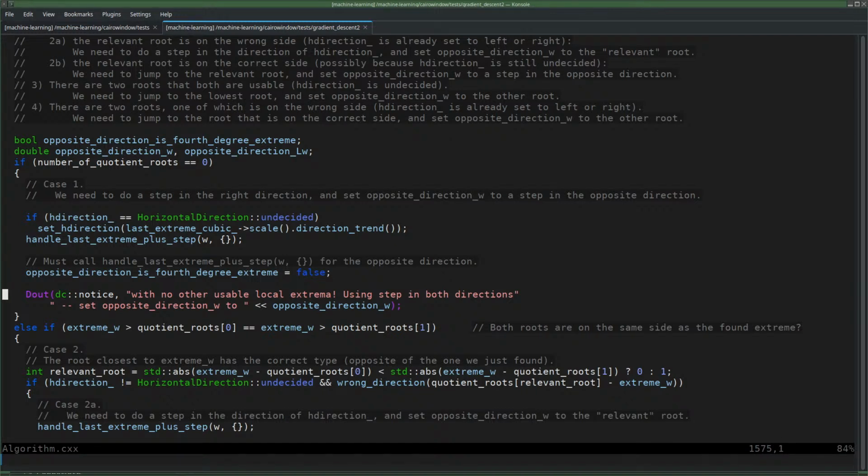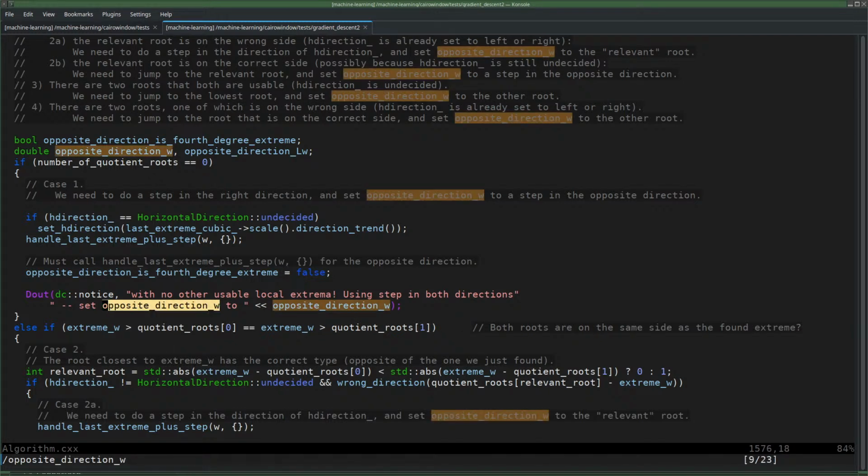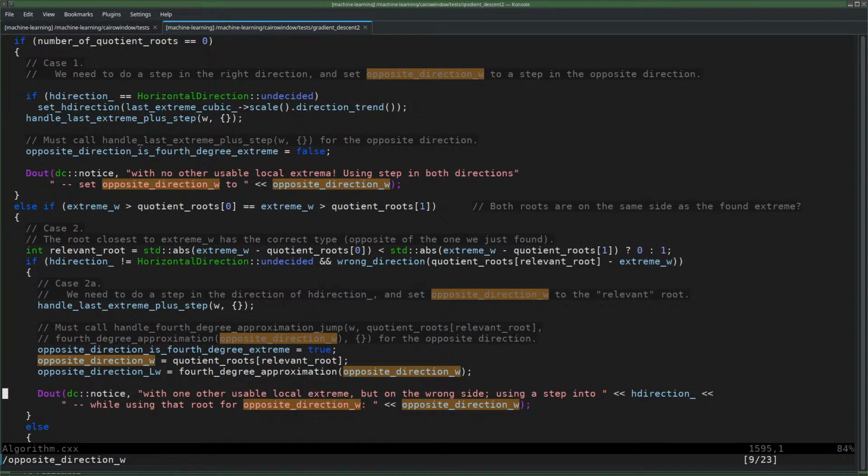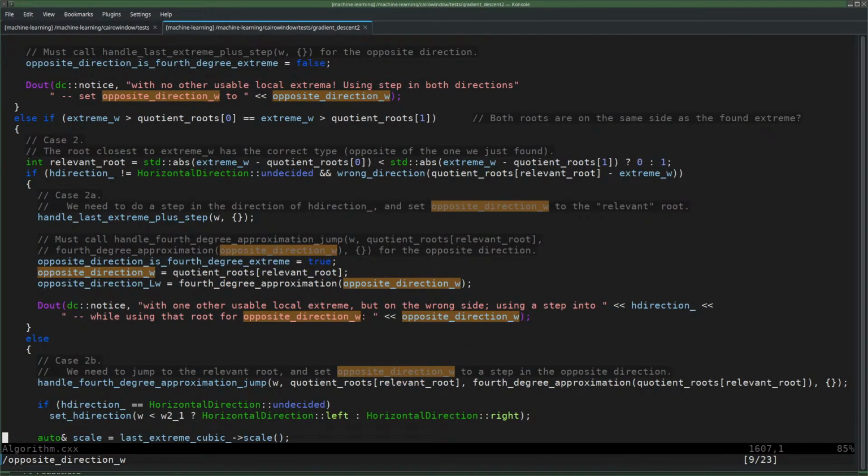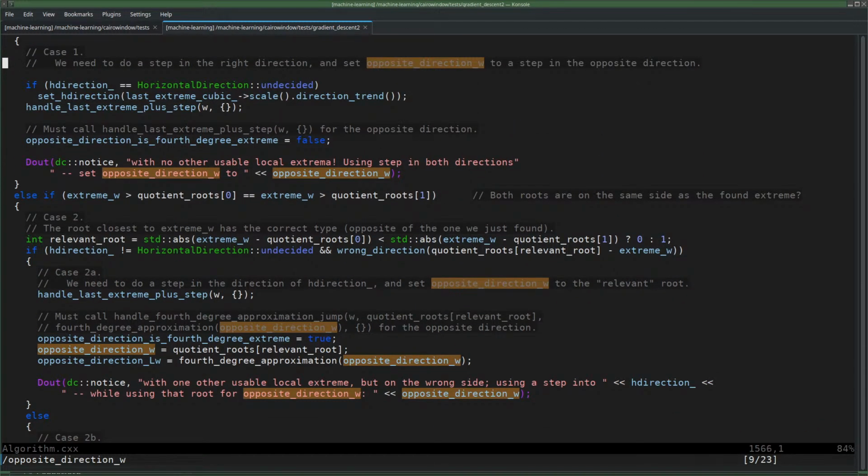Yeah, what the heck? And it is supposed to be set, it's just not set. Oh, because this is false.